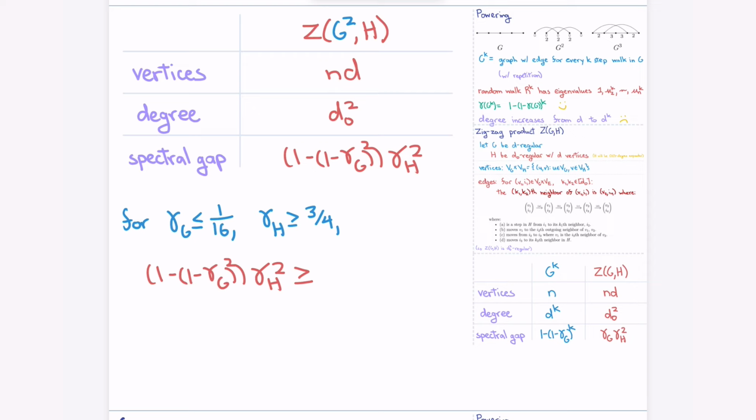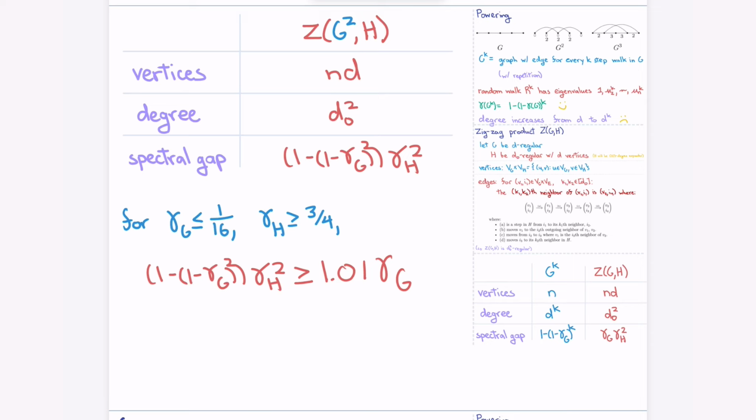For the sake of concreteness, I'll just write 1.01 gamma G. The point is it's going up by a constant factor. So if you do this like 100 log n times, gamma G is going to start at like 1 over poly n, and it's going to become a constant. Now the degree is okay. The degree stays d0.